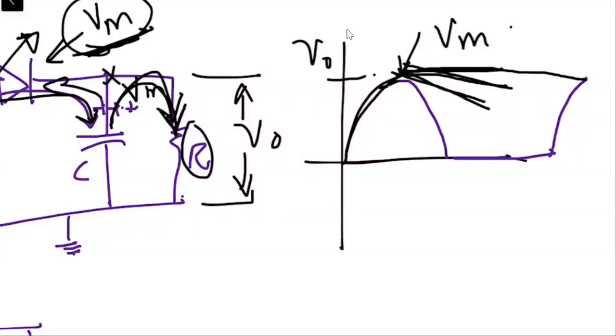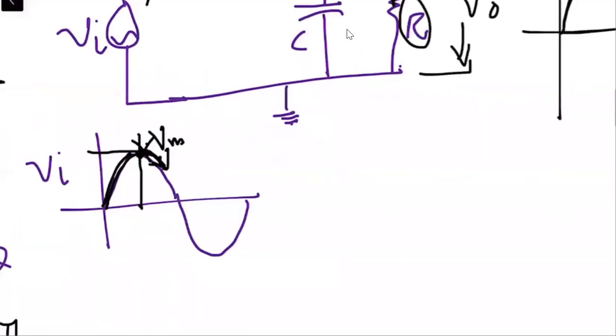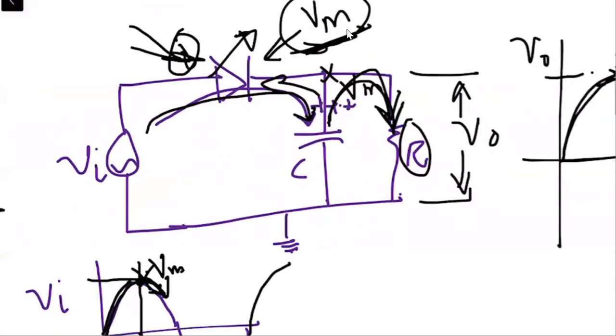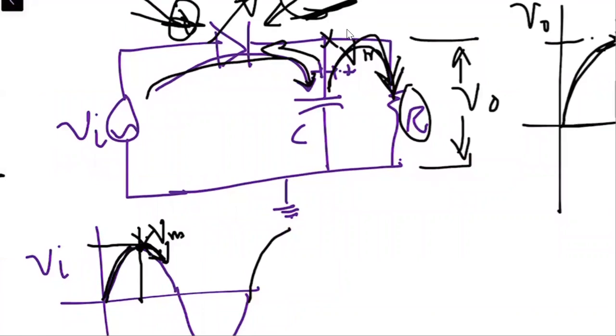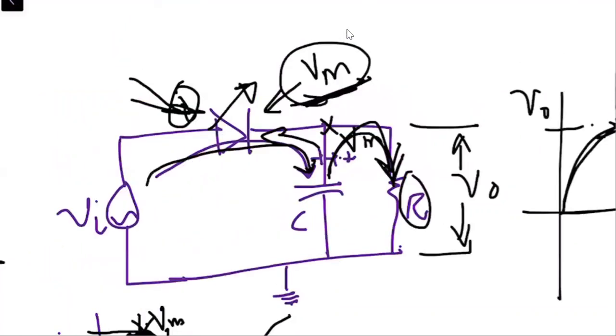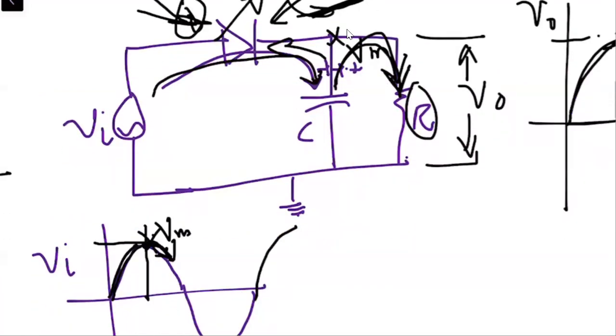When again the positive cycle comes, the input starts to rise over here, and by the time the value across the capacitor becomes equal to the value of input, right?